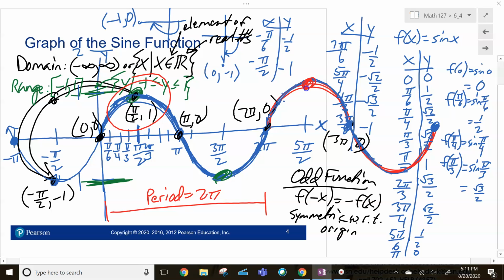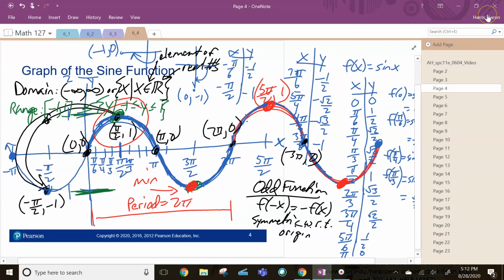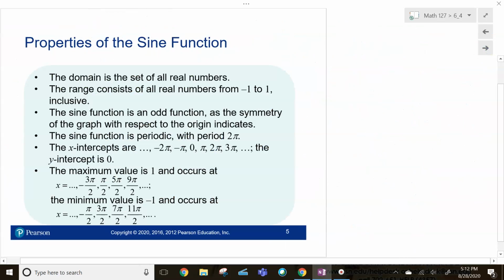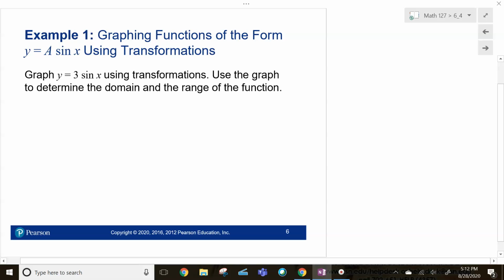Here's another max, 5 pi over 2, comma 1. Sorry about a little mess here. Here's a minimum down here, 3 pi over 2, negative 1. The next one would be 2 pi distance away, so 7 pi over 2, negative 1 would be the next one, because they repeat every 2 pi. That's just properties we discussed.